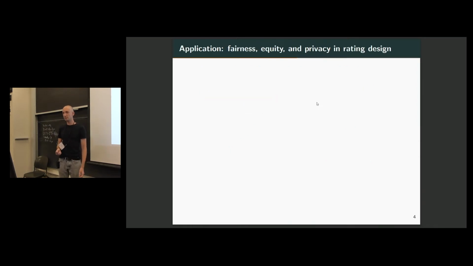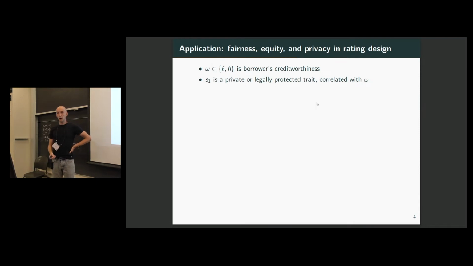So imagine omega capturing a borrower's creditworthiness, and for simplicity, again, it's either low or high. And S1 is a private, legally protected trait of this borrower, and as it sometimes happens, S1 is actually correlated with omega.